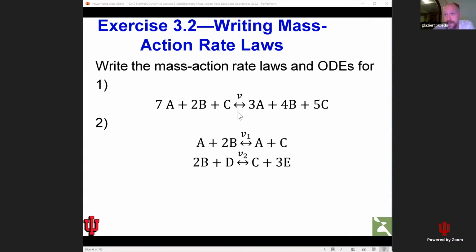So that would be the reverse one. Oh, that's the reverse way. Okay, then it's a to the 7th times b squared times c. Right. Good. And now if I want to convert it to the rates for A, I have to multiply the forward one by -7 and the backward one by +3.